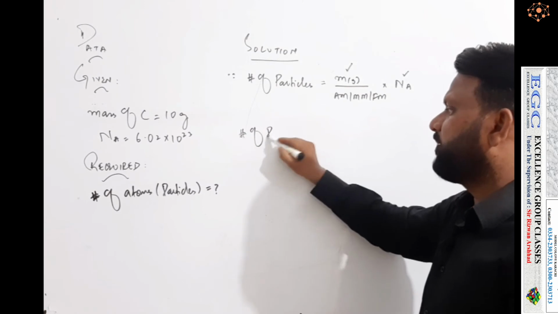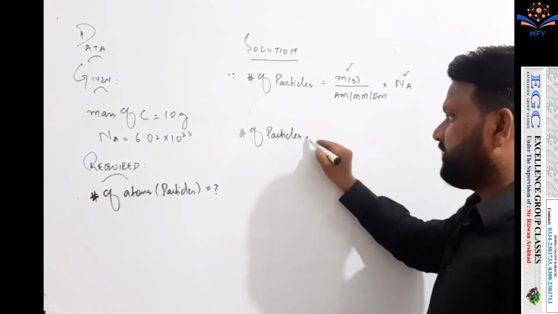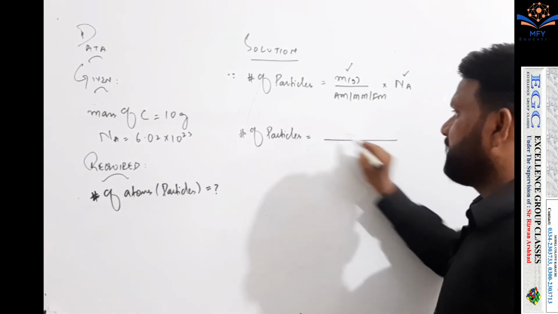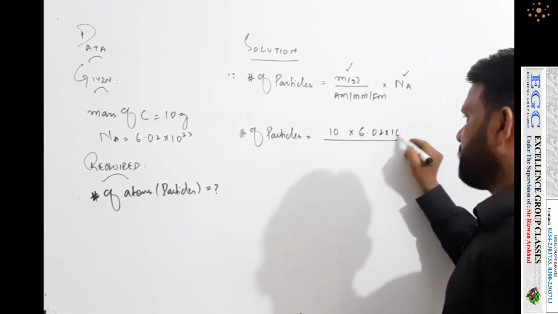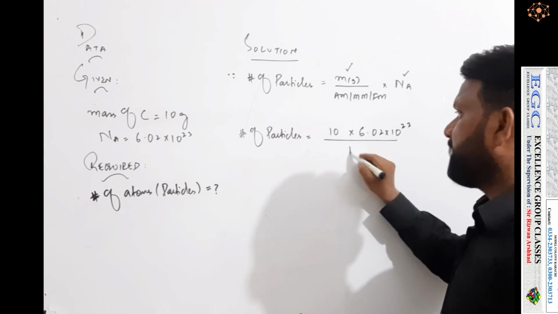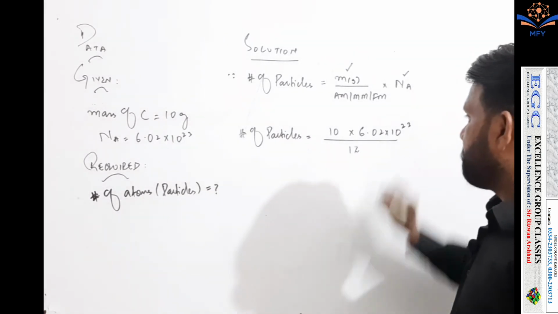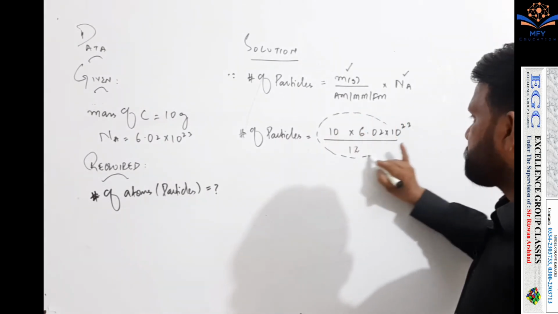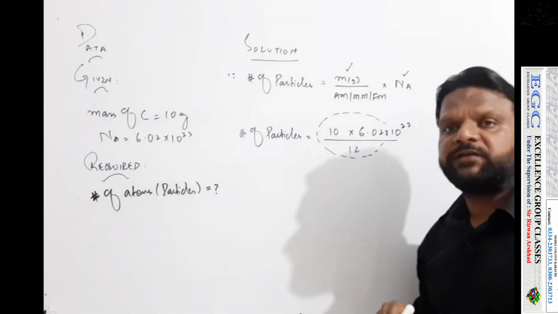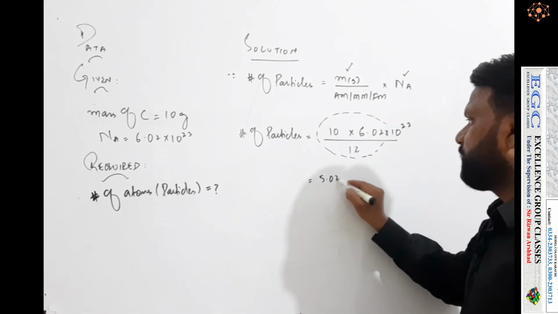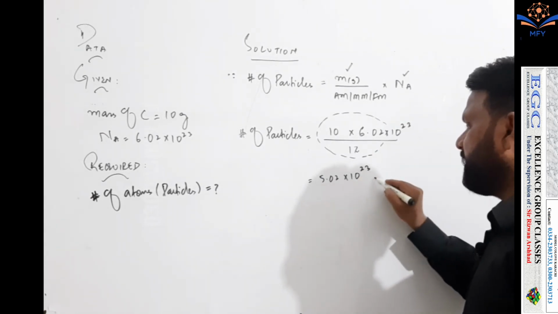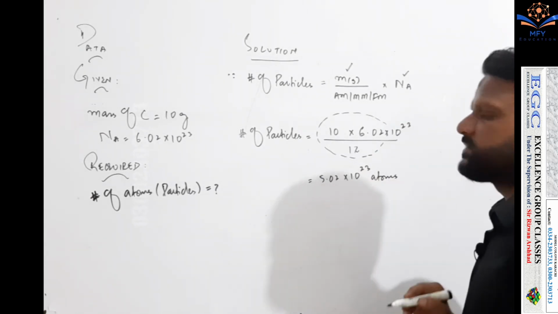Number of particles will be equal to mass, which is 10, into Avogadro's number 6.02 exponent 23, and atomic mass will be 12. By multiplying 10 into 6.02 and dividing by 12, we can easily get 5.02 exponent 23, and the unit is atoms.